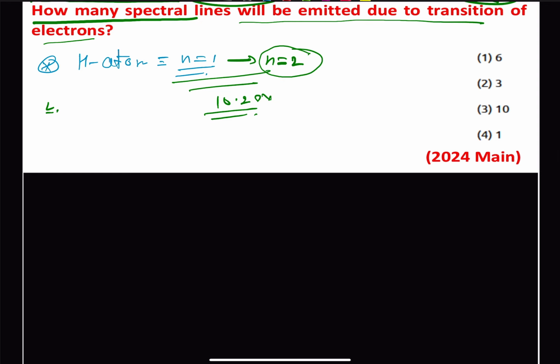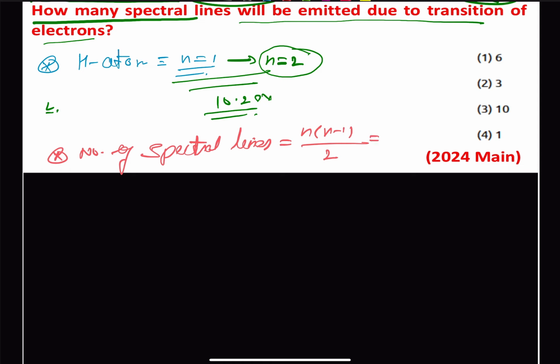Okay. And we can use the formula also. We can say our number of spectral lines is equal to n into n minus 1 divided by 2.